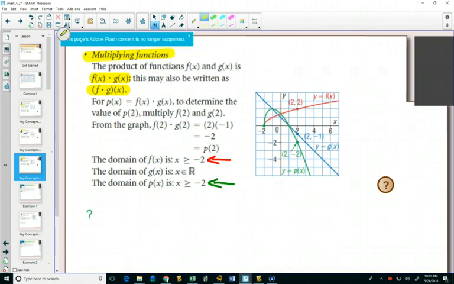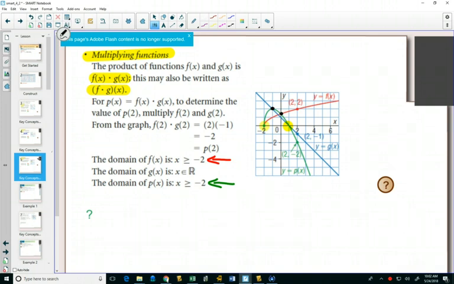When you get to multiplying, when either the red function or the blue function is equal to 0, then your green function is going to be equal to 0 because you're multiplying. Other things that I want you to notice are when either your red function is 1 or your blue function is 1, those will be the places where your green function intersects the other graph.